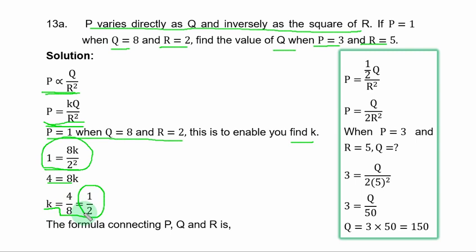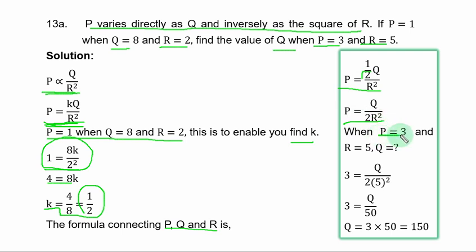After getting k, you replace it in this formula. That gives the formula or equation connecting the three letters, replacing k with 1 over 2. Here 2 is a denominator. It can come down to multiply R squared in this form.